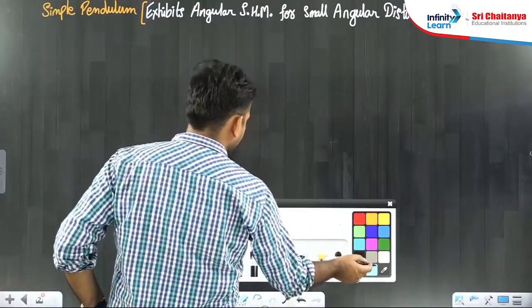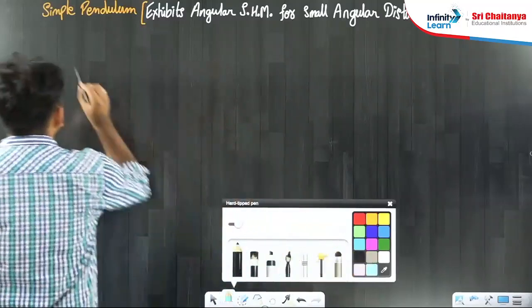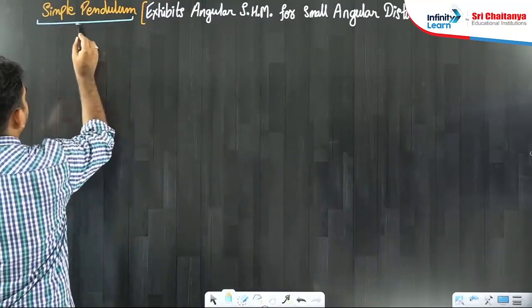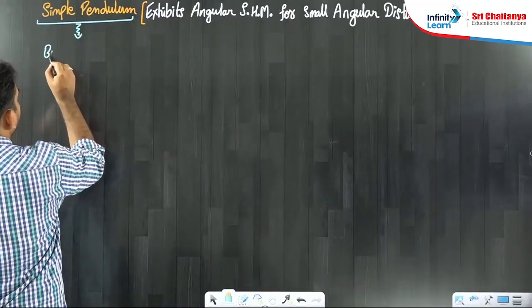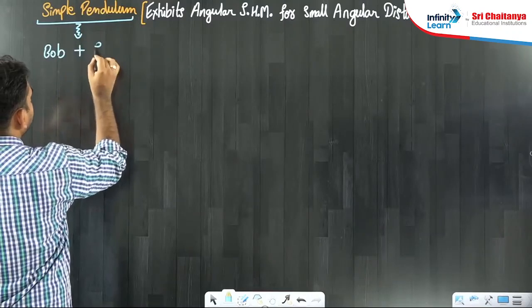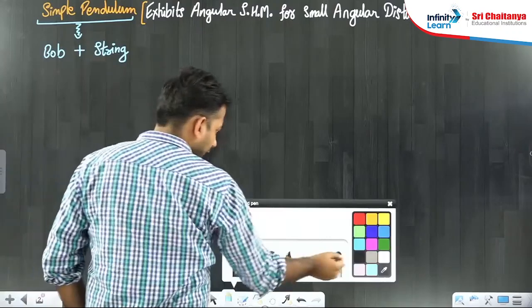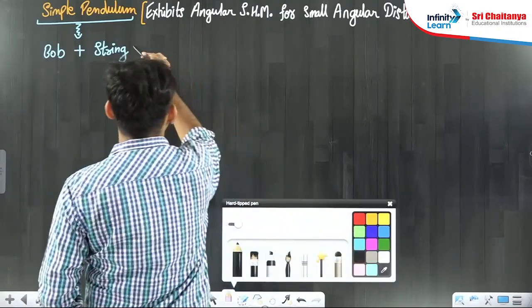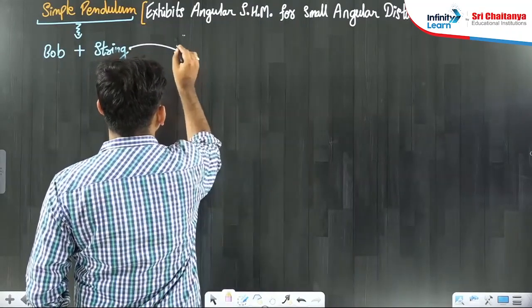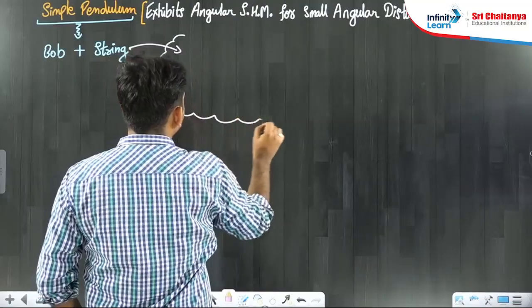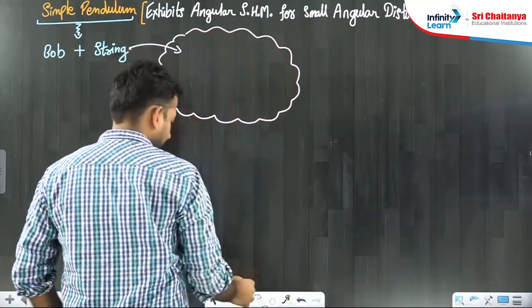A simple pendulum consists of a bob and an ideal string, bob plus string.